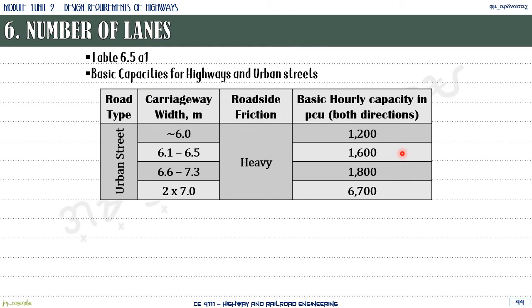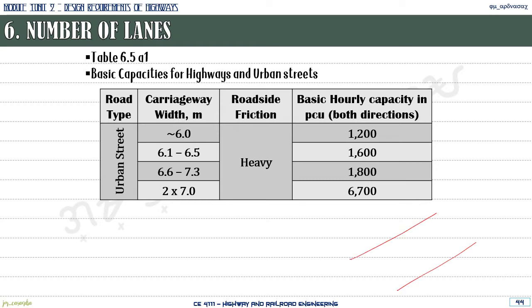For urban streets, this is considered for both directions of the road. Please take note that the carriageway width is simply the measurement from one end to the other end of your road section, or the lateral width.